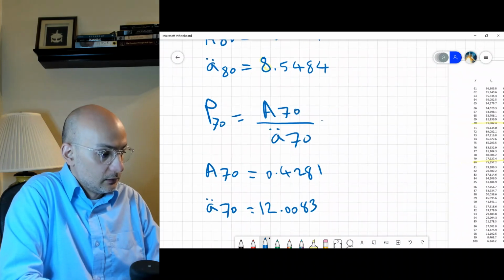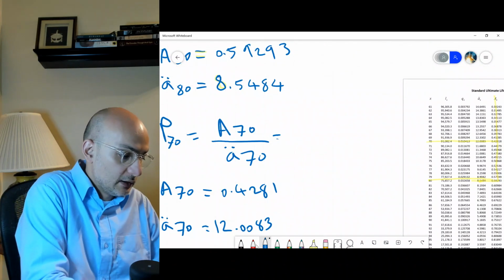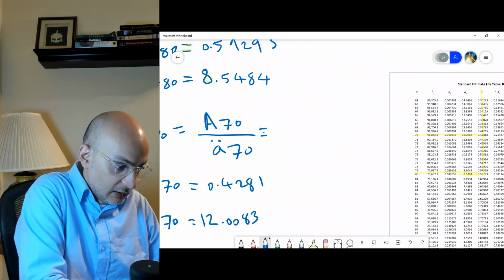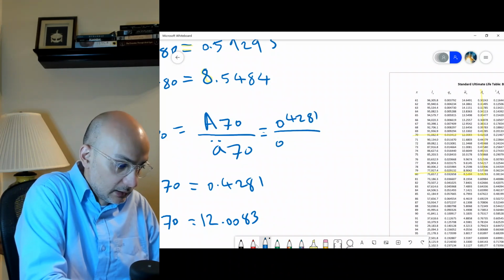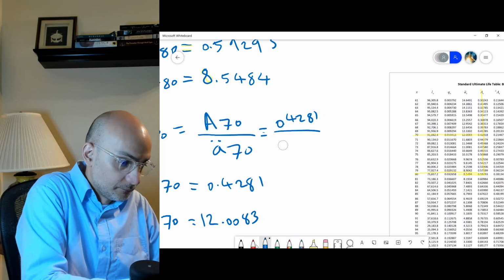Right? Now we can write it again, just also double check it, 0.4281 divided by 12.